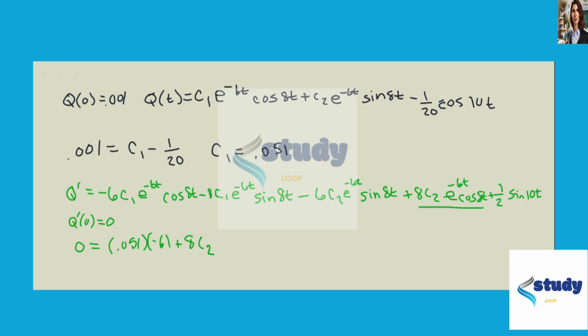So when I do 0.051 times negative 6, I get 0.306 equals 8 times c2, divide by 8, c2 equals 0.03825.